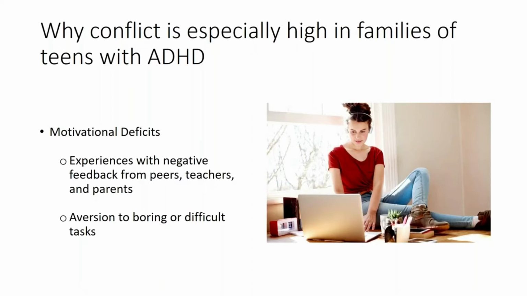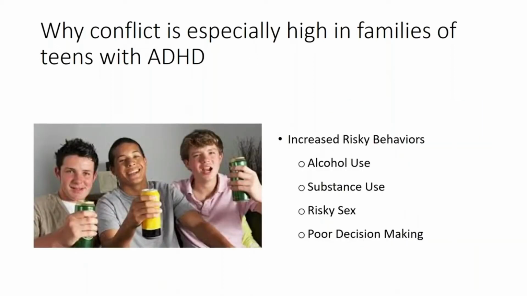The final area I want to touch on before moving to those strategies that is often a source of conflict and hard for parents of teens with ADHD to address is the fact that teens with ADHD are at risk for engaging in various risk-taking and risky behaviors, such as alcohol and other substance use. Additionally, because of difficulties both with impulse control and emotion regulation, they have higher rates of risky behaviors, as well as poor decision-making.